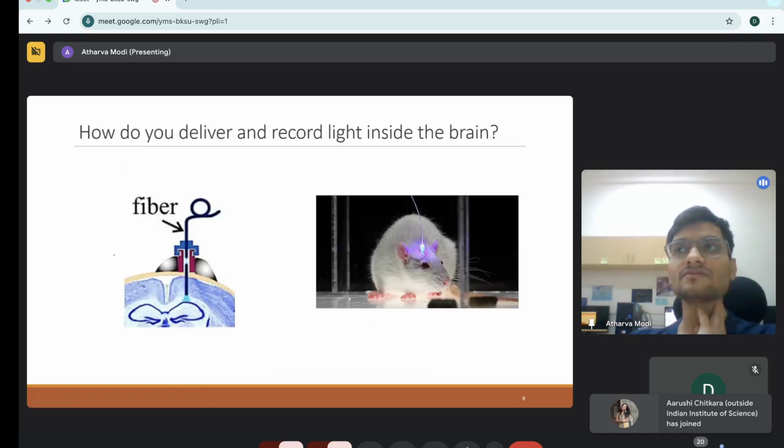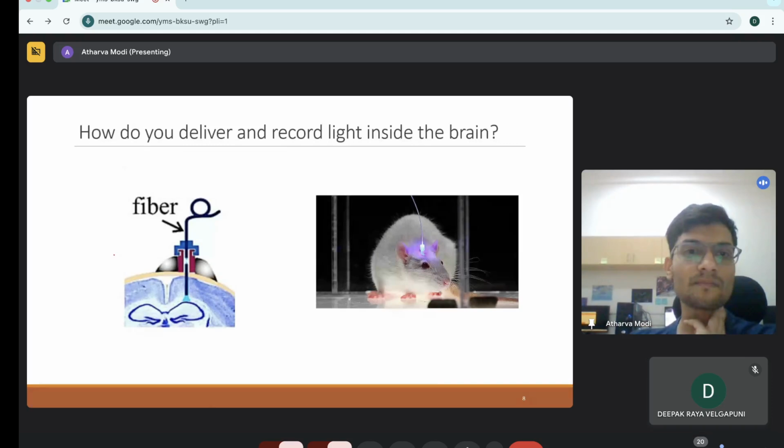Once we have the sensor in place, we need to deliver and record light inside the brain. Right? So how do we do that? We implant a fiber inside the brain using the same stereotaxic surgery. We take an optical fiber and glue it to the skull surface.